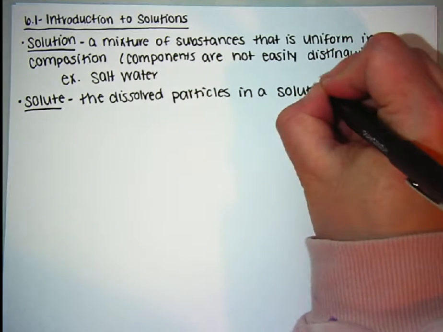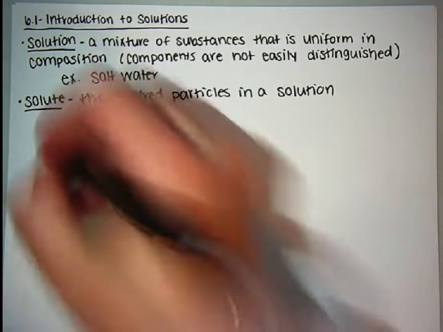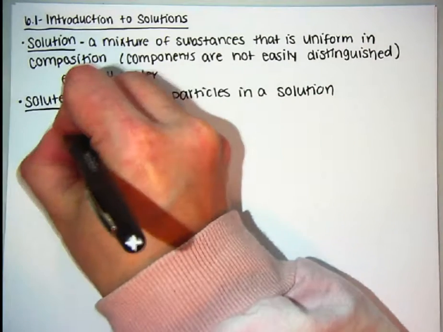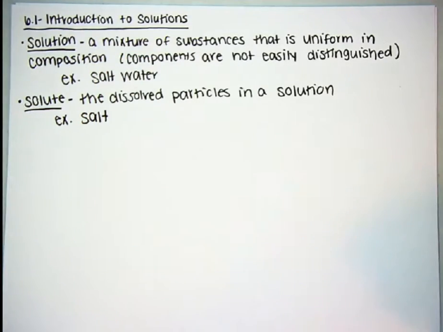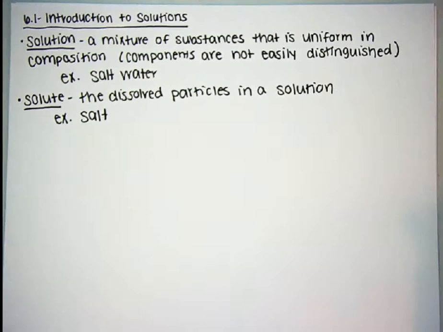So using our salt water example, the solute would be the salt. Whatever is being dissolved is the solute. If it's salt water, the salt is being dissolved. If we're making a solution of sodium hydroxide, the sodium hydroxide gets dissolved in water. That would be the solute. Whatever that solid substance is that's being dissolved is the solute.